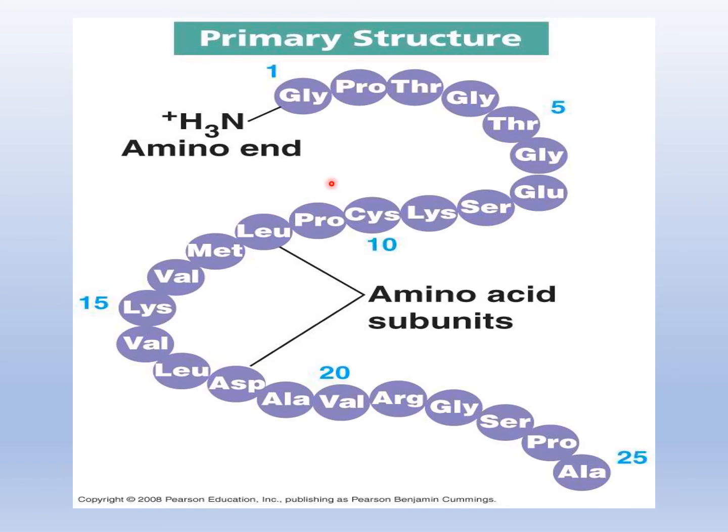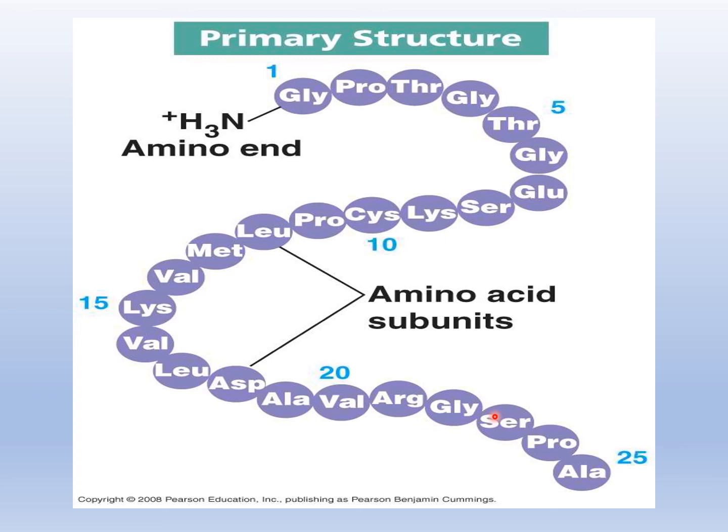For the primary structure of your protein, you just have the sequence of amino acids. No folding at all. Guys, when I say folding, it's not just normal folding like this. This is not the secondary structure. This is still the primary structure. When we are talking about secondary structure, there is already the involvement of interactions or bondings.